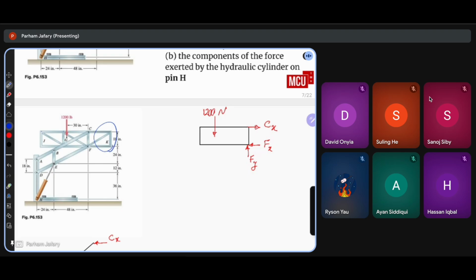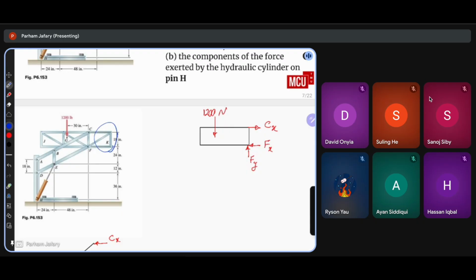Uh-huh. You get tension force or... So, depending on which side you want to keep, you can get rid of the other side, right? I decided to keep the left side of CF.